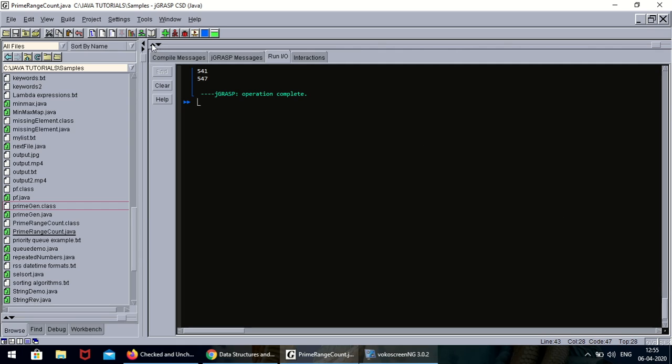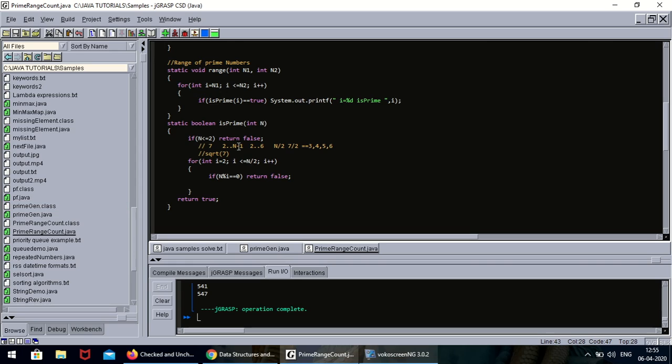Let's try with the square root. Math.sqrt(n). It should be less than or equal to. Let us remember that, otherwise you will get wrong results.